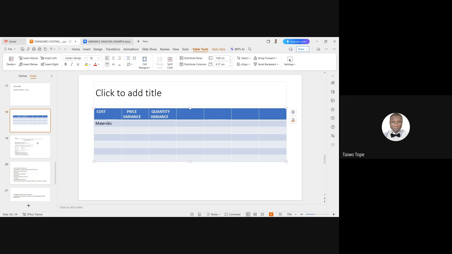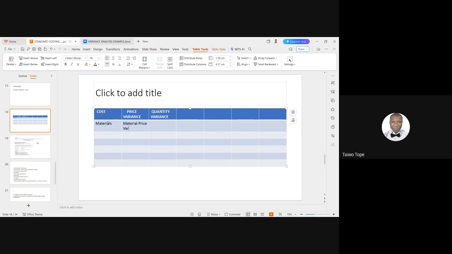The point is this: under material variance, you can have material price variance and material usage variance. Under quantity, which has to do with usage, you can have material usage variance.